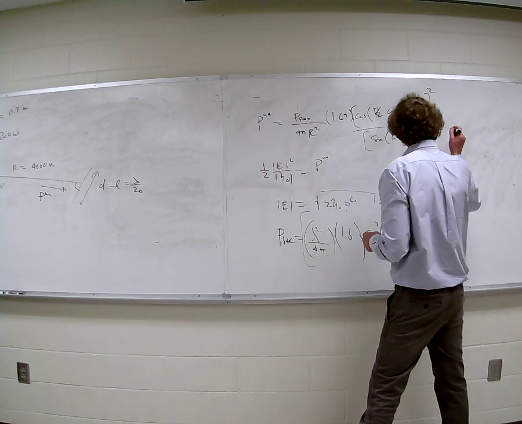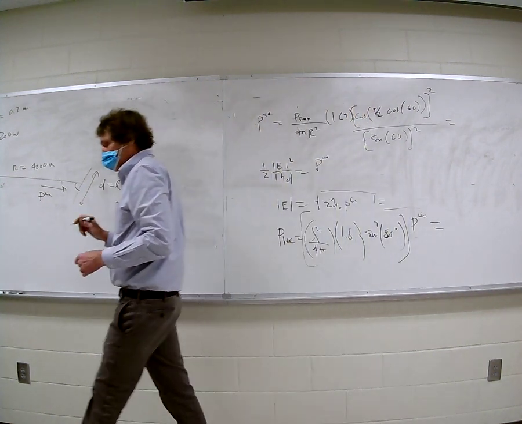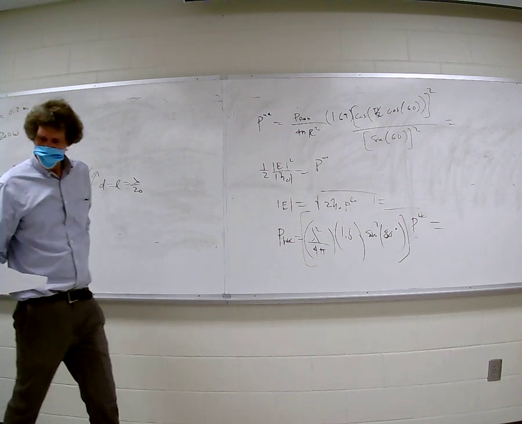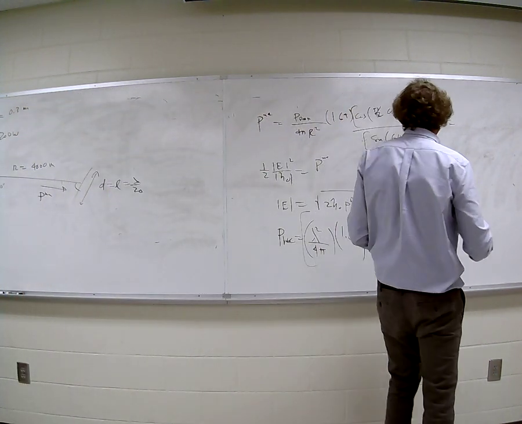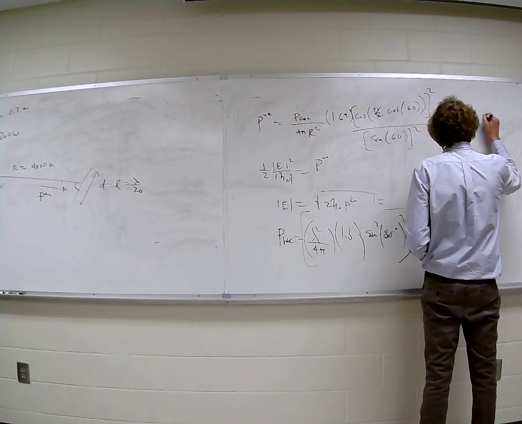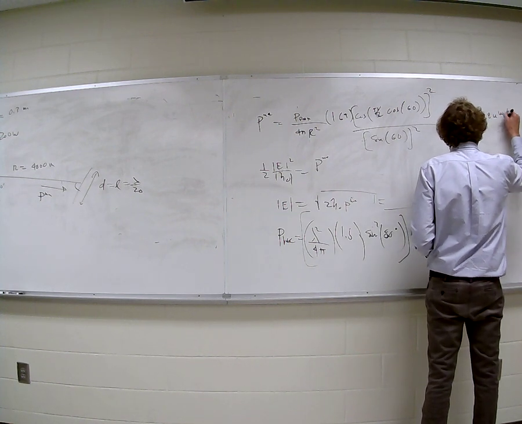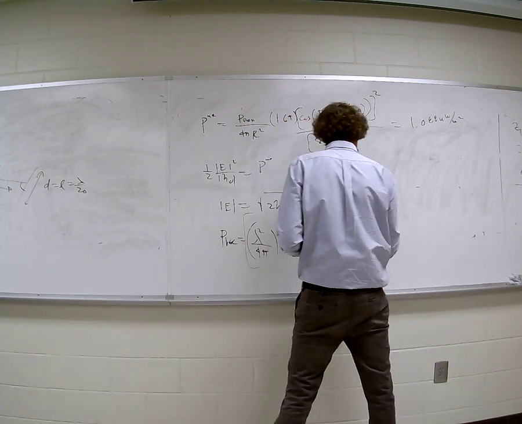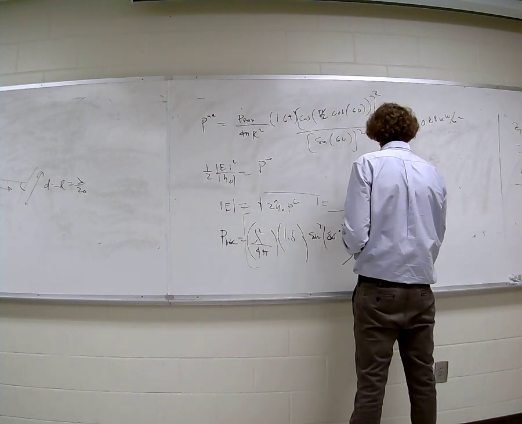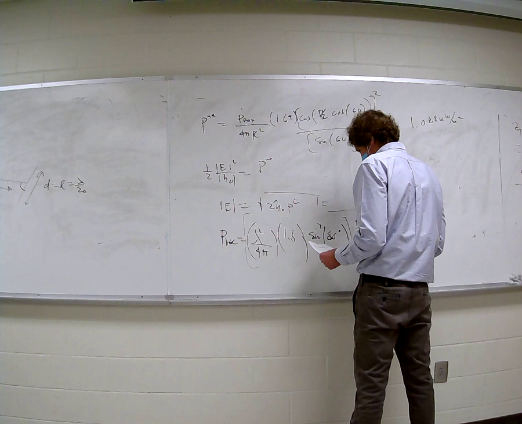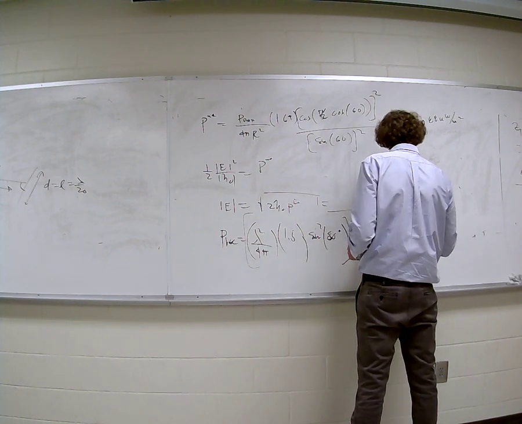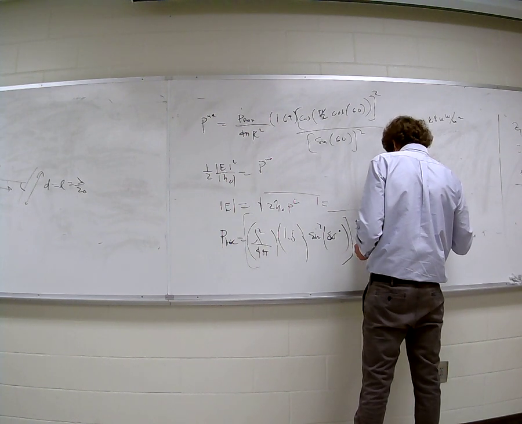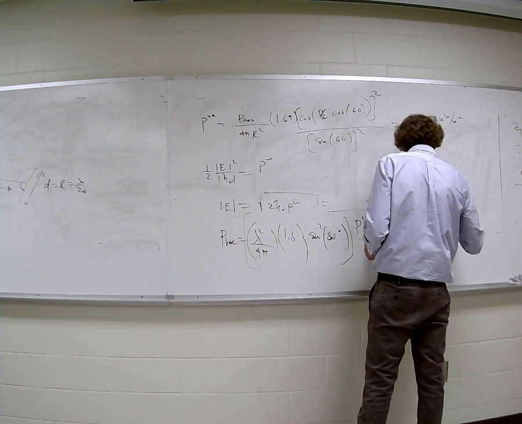So if you turn the crank on this, and a lot of people got this all the way right, I believe, you get 1.088 microwatts per meter squared for the first part. For the electric field, you end up getting 28.64, and that's going to be millivolts per meter.